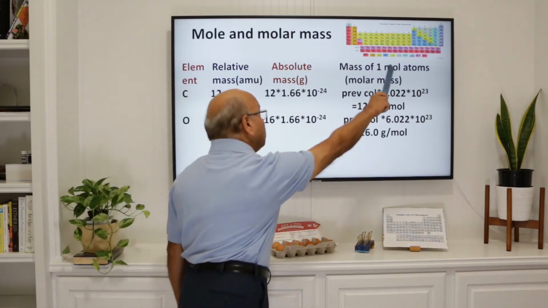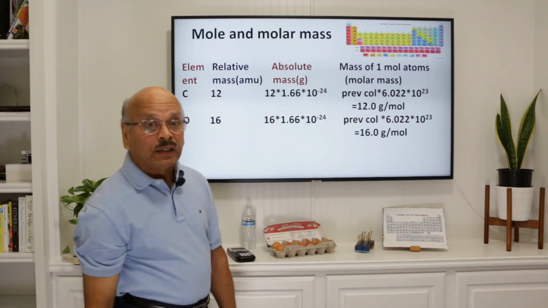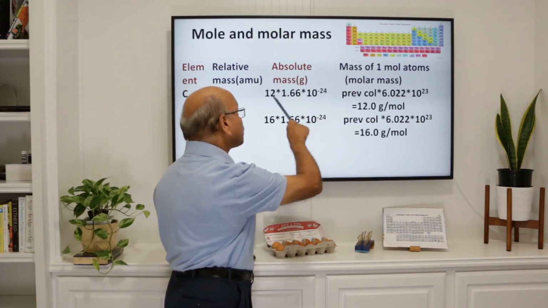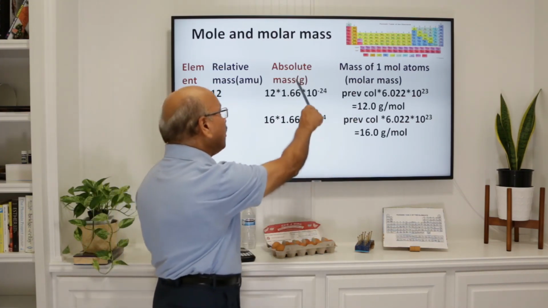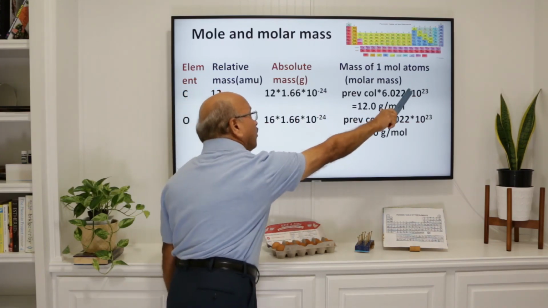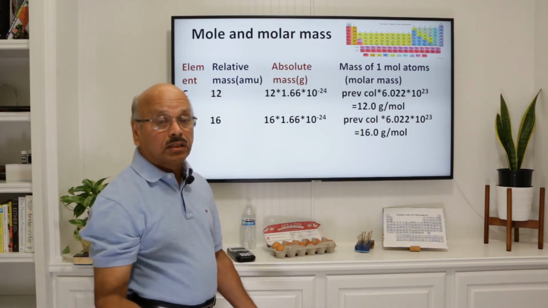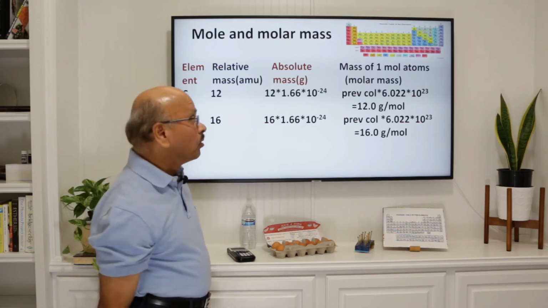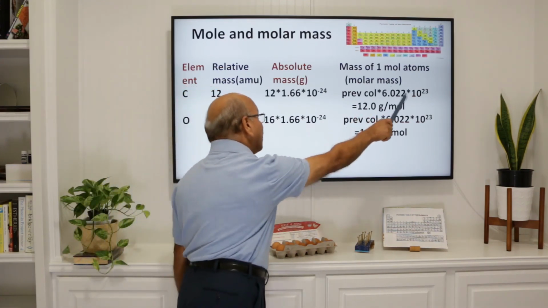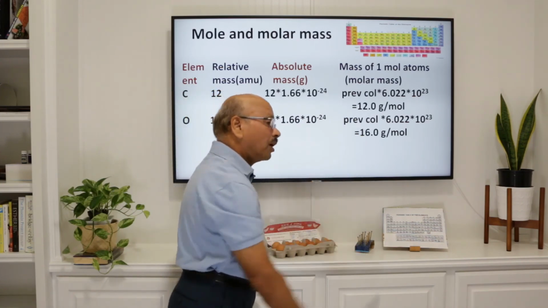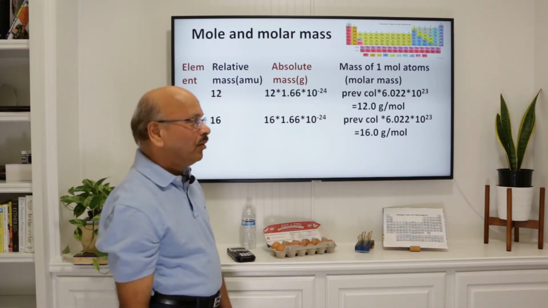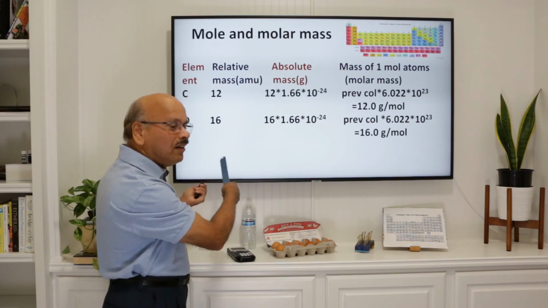And the mass of 1 mole of carbon atoms will be what? Whatever you got in the previous column, multiply it with the Avogadro number, because the mole contains Avogadro number of atoms. So multiply that with the Avogadro number and you are going to get 12.0 grams. Okay, let's repeat it with any other atom.